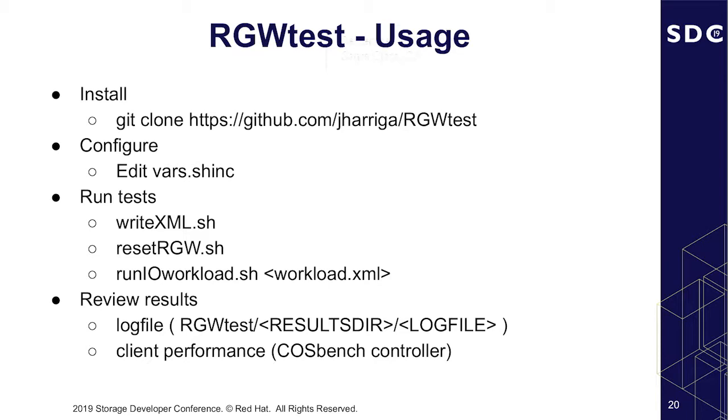A usage step here: write XML, which produces the XML files for RGW test; reset RGW, which is what recreates the pools; and then a series of these run IO workloads where you go through the scenario of pre-filling, aging, and measuring the cluster performance.